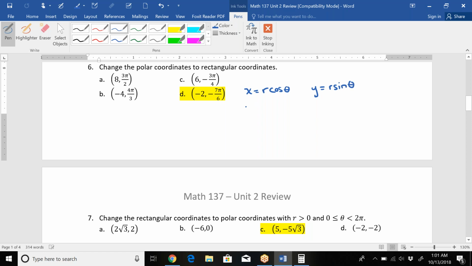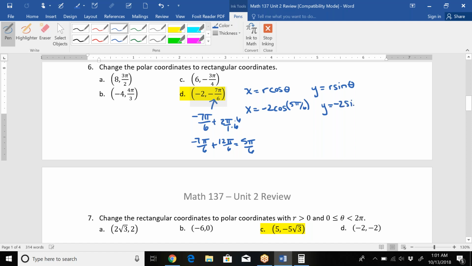So this is -2 times cosine of, if you don't like negative 7 pi over 6, remember you can add 2 pi to it, which is 2 pi over 1, so multiply that by 6 over 6. So -7 pi over 6 plus 12 pi over 6 is 5 pi over 6. That's really the angle we're working with if you convert to its coterminal.